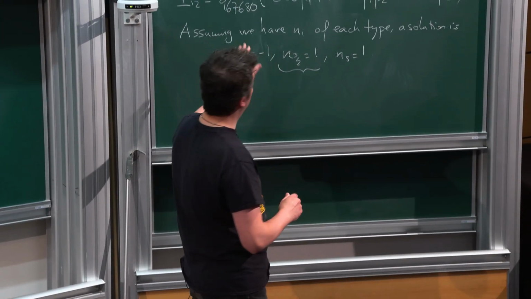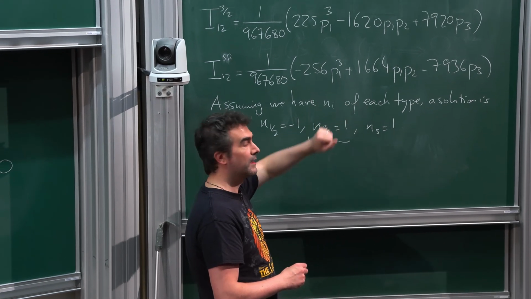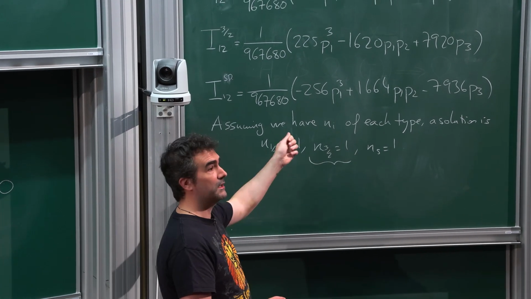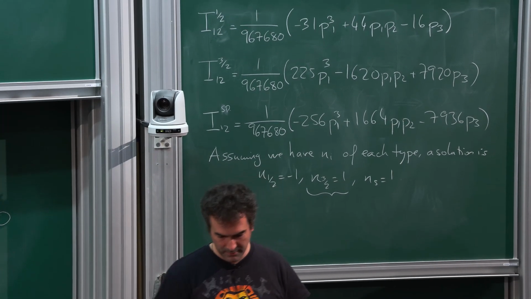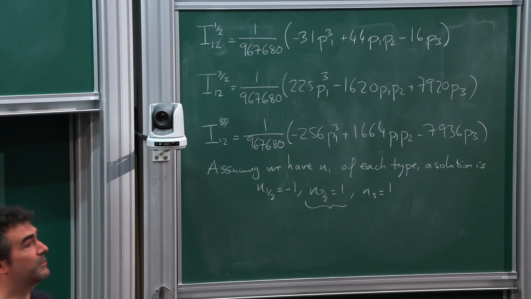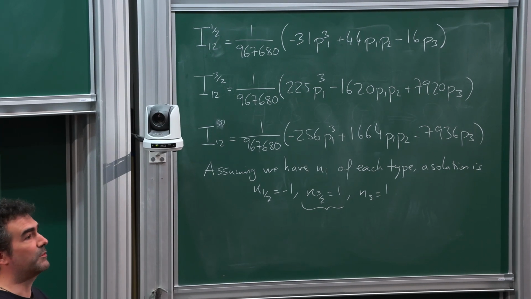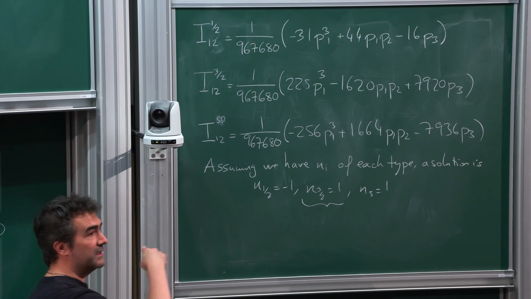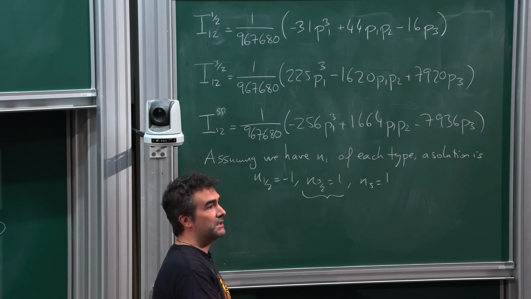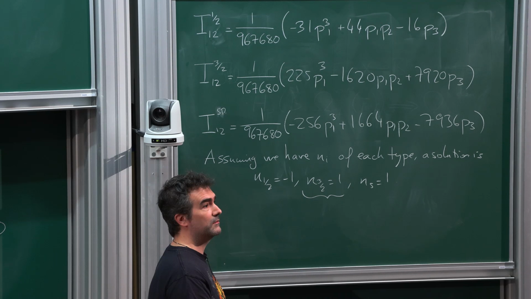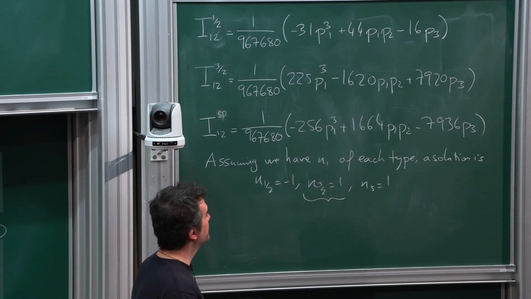Here I'm checking the local cancellation of the anomaly. For that, I need this to cancel locally as a form. Right, but on which manifolds is it even an integer form? Well, it's possible you have an integer form. Think of a spin 1/2 fermion. The anomaly is A-hat. That's going to give you some integer if you integrate on a 6 manifold which is spin, because that's what spin means, that's the index.